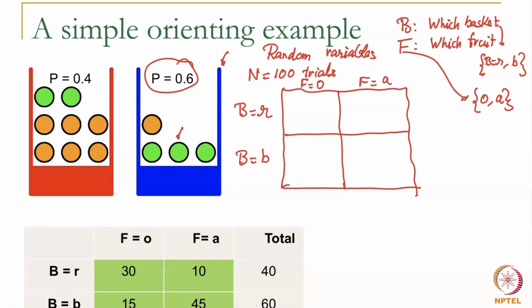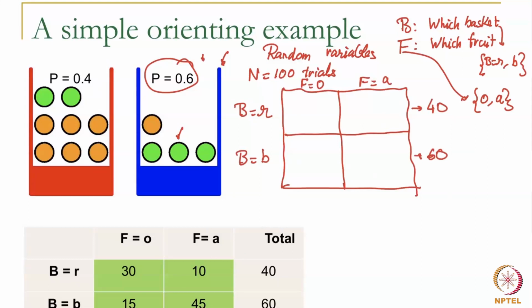Okay. Now, let's see the total number of cases that we come up with in 100 trials. So once we make 100 trials, in how many of those cases would we have landed up in the red basket? So the net number of cases where we would have landed up with the red basket is 40, assuming it goes exactly according to proportion. Similarly, the net number of cases we would have landed up in the blue basket would be 60 because its probability of picking that is 0.6.